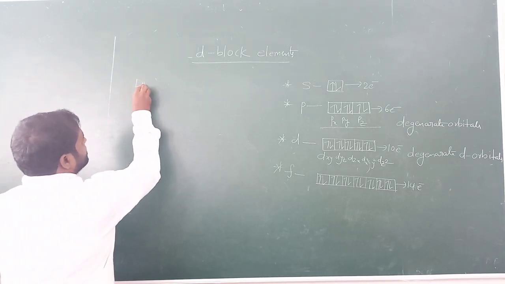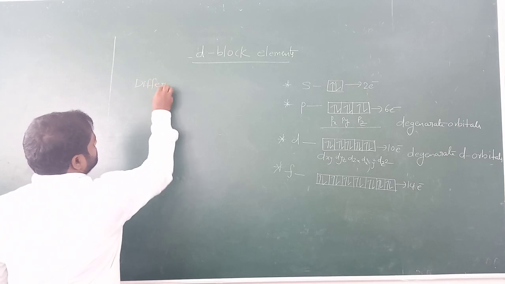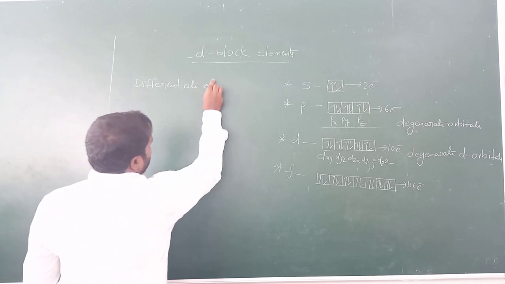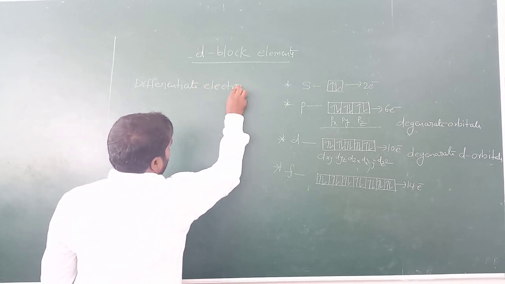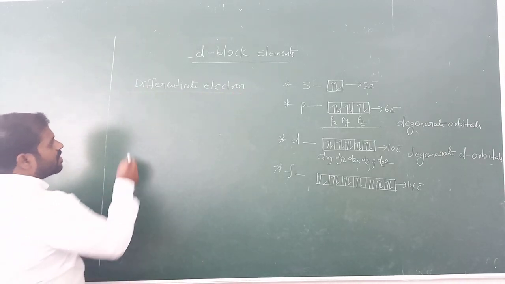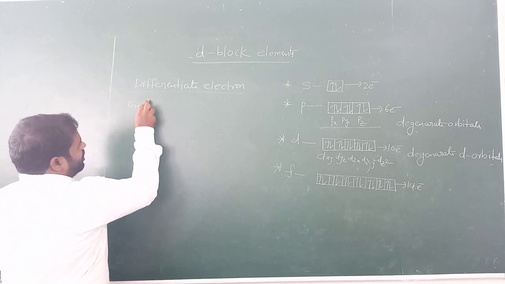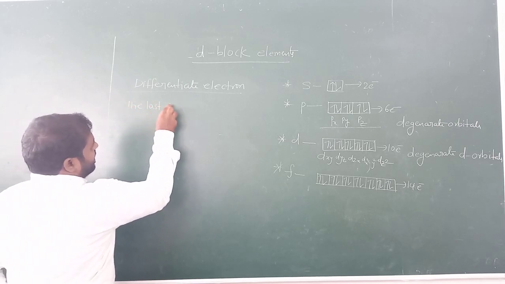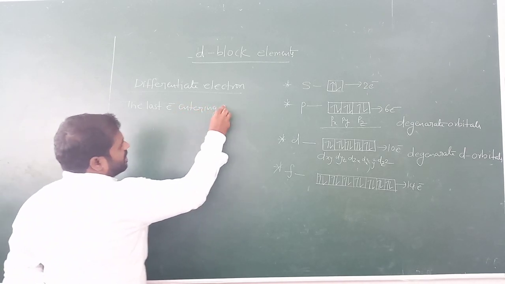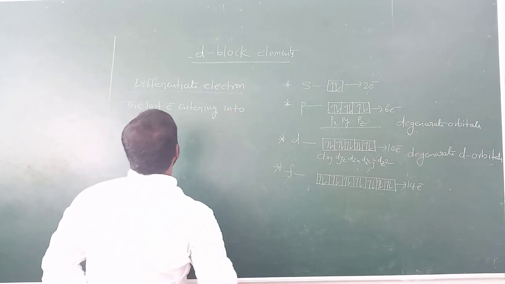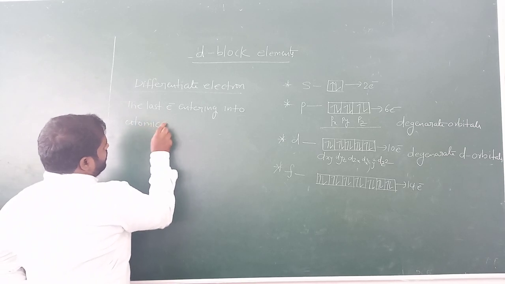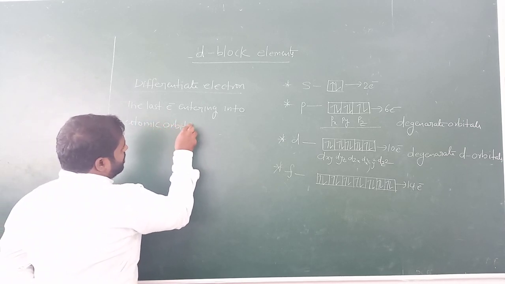The differentiating electron is the last electron entering into atomic orbitals.